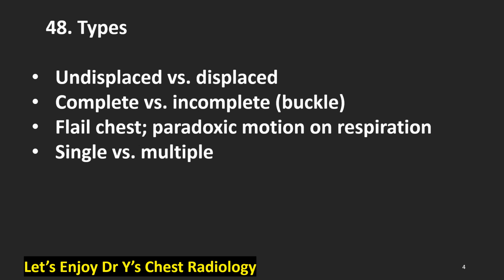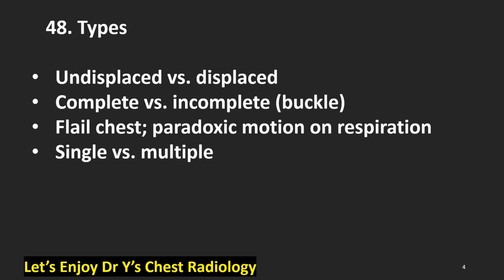Types of the rib fracture. The types are not so important in rib fracture compared with other fracture of axial skeleton, spine, or pelvic bone. There are several types, such as undisplaced rib fracture and displaced rib fracture, complete or incomplete fracture.